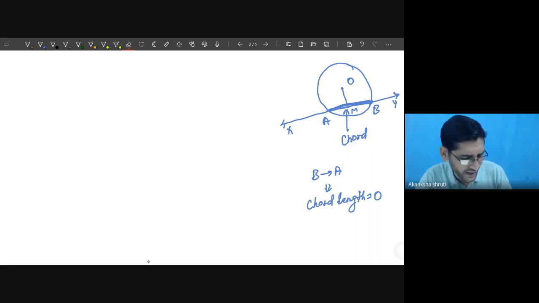Let us call this O to M as X, and this O to A as the radius R. So the chord length, or AM, is half of AB, and this AM can be calculated with the help of R and X.